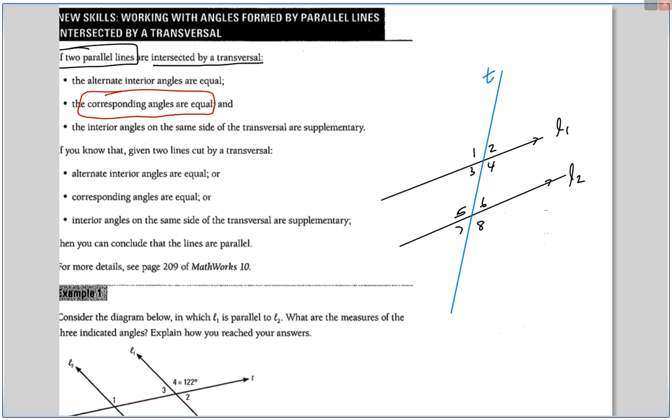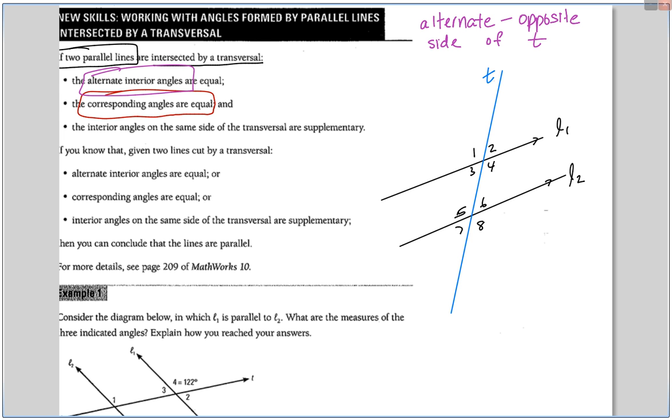Alright, let's go to alternate interior. Now, alternate interior, remember, alternate is on opposite side of the transversal. I'll jot that down for you. Alternate: opposite side of transversal T. So for example, 1 and 2 are alternate, but they're looking for alternate interior.